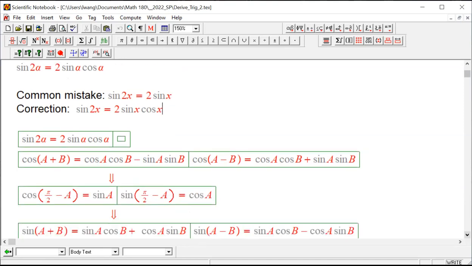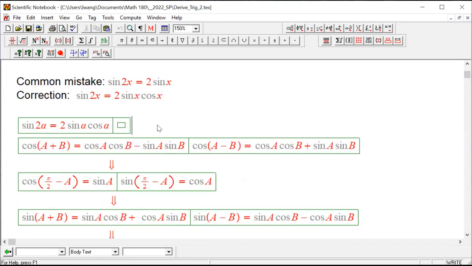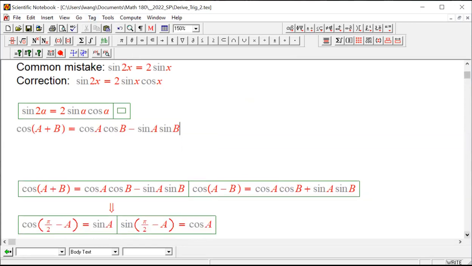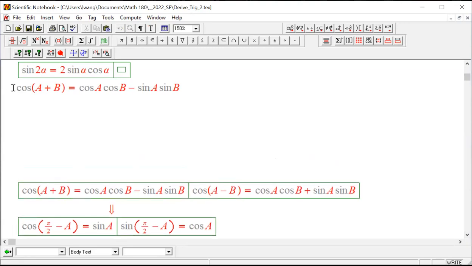Cosine double angle: how is the cosine double angle derived? Well, it's from here. From this identity, the very first identity we have proved, we're going to assume this is alpha and that is alpha. So both A and B are replaced by alpha.